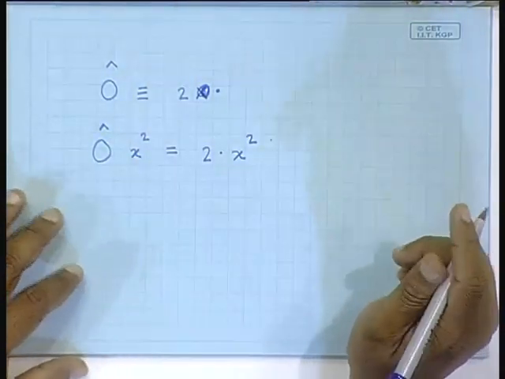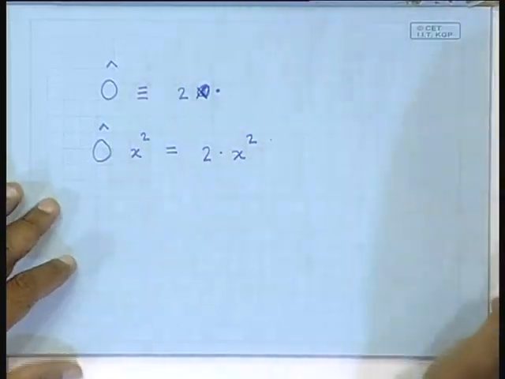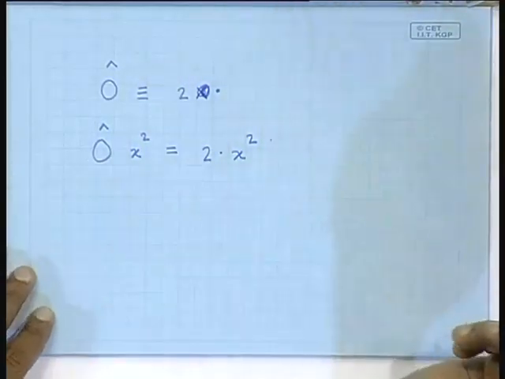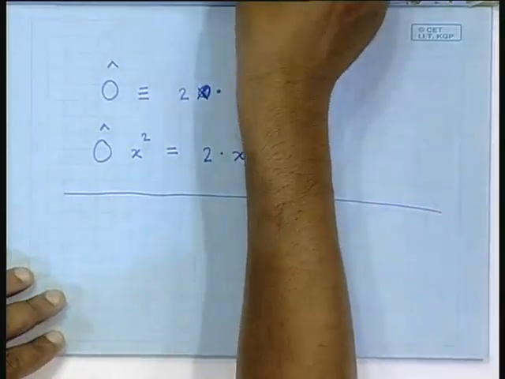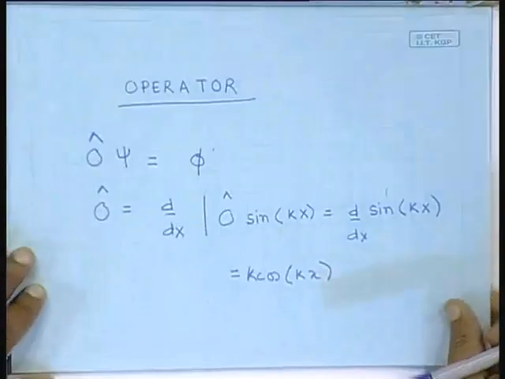So, the operator here is multiplication by the number 2. When this operator acts on the function x square, it gives me 2 into x square. So, this is what we mean by an operator. An operator acts on a function to give me a different function.